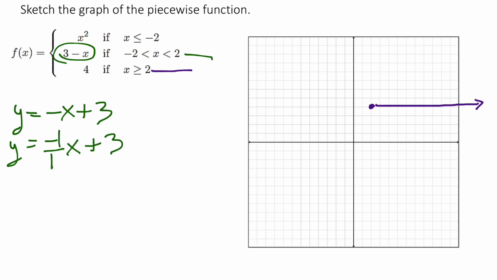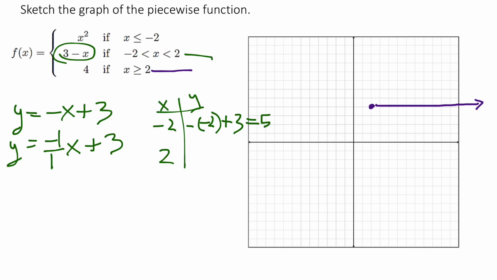Okay, so we've got a line there between negative 2 and 2. So let's just figure out what the value of our line is at both of those endpoints. So at negative 2 and 2. So when x is negative 2, if I plug that in, I'll have negative, let's just write it over here, negative 2 plus 3, so that's 2 plus 3, so that's 5.